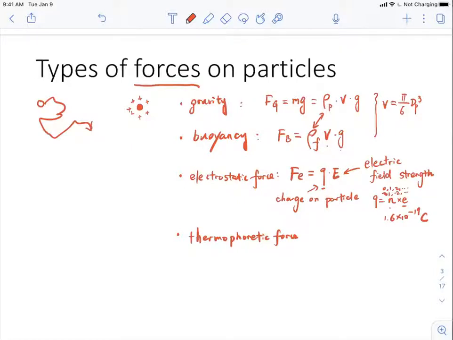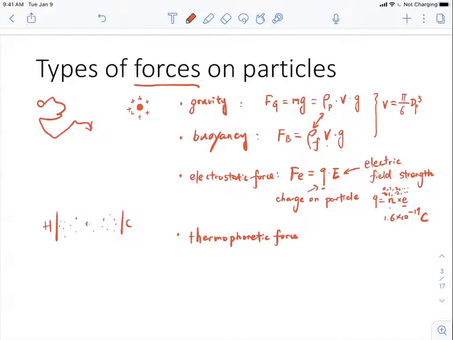Let's assume that this is a hot surface and this is a cold surface, and you have air molecules moving around in this gap here. For the hot surface, the air molecules are going to have a faster velocity, so they're going to carry a larger kinetic energy.